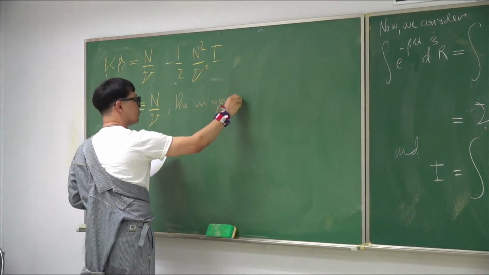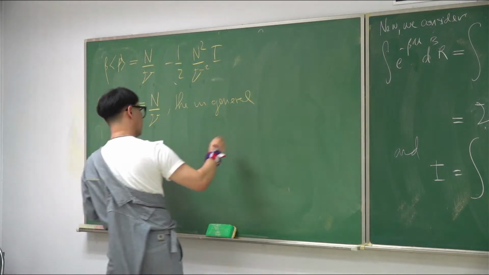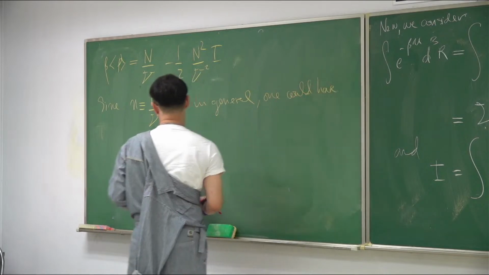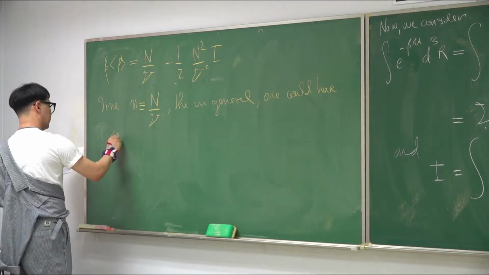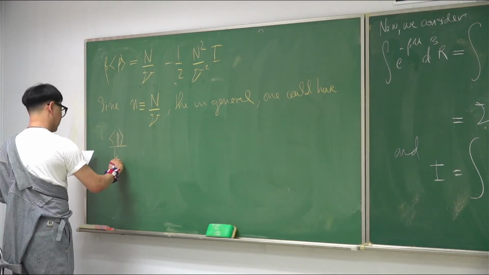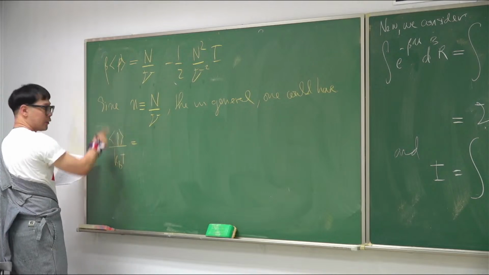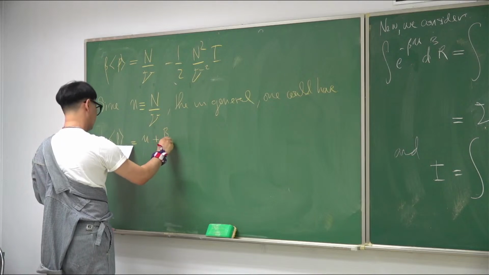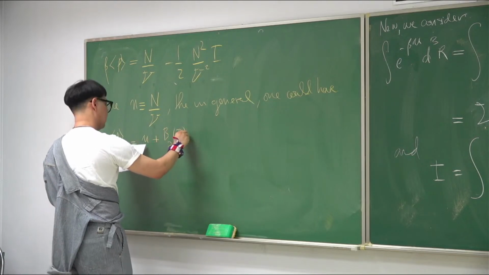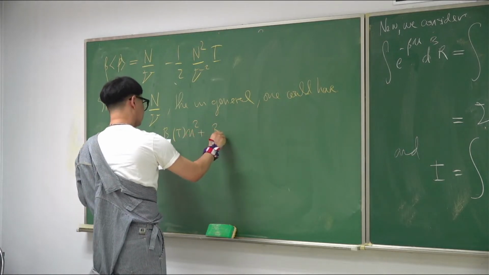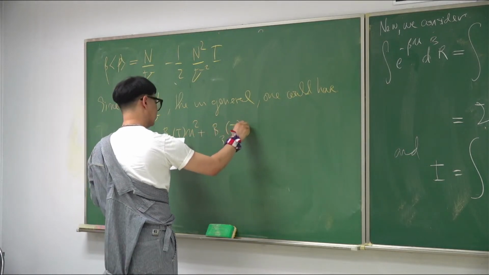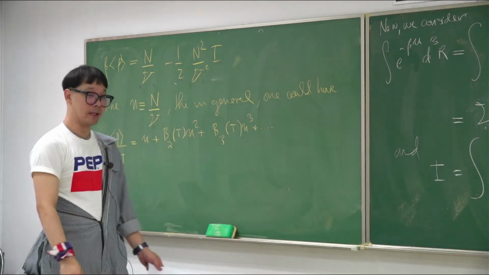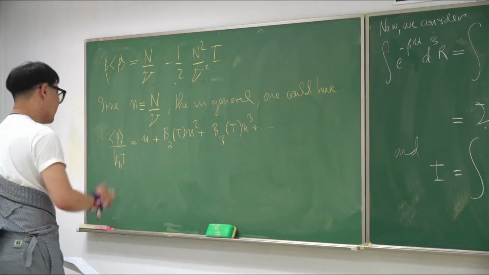In general, one could have, so I change beta to be kBT, right? Then you could have an infinite series of this n.